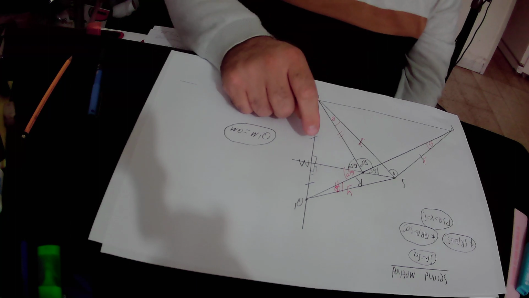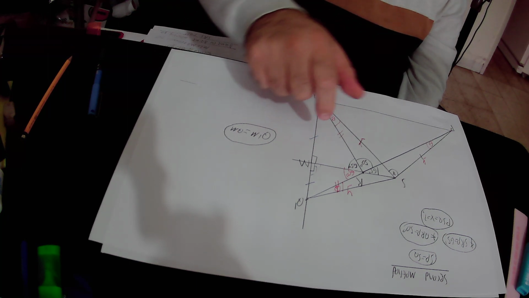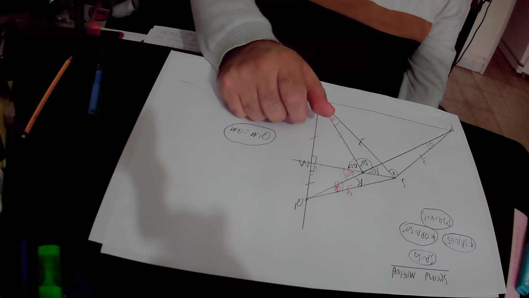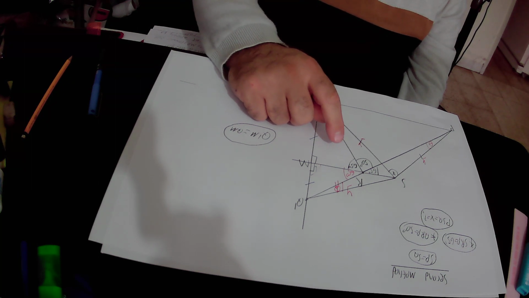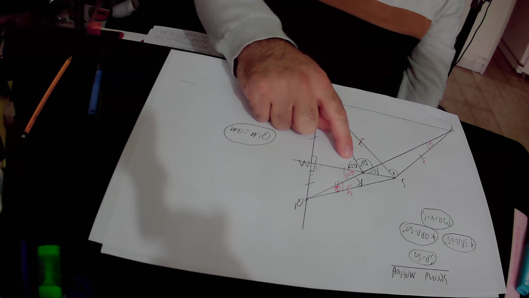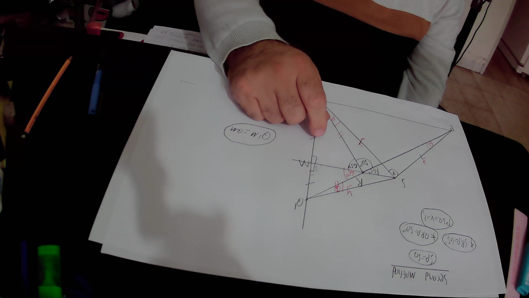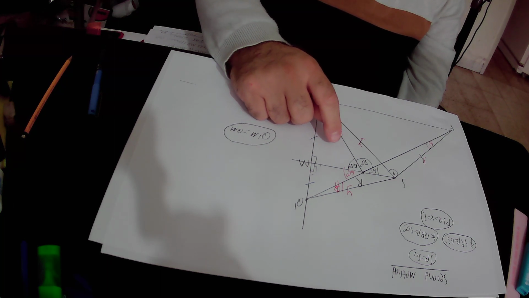Then, after we extended line segment SR, we have here this angle. We know that SM is a straight line, and the sum of the angles on a straight line equals 180 degrees.